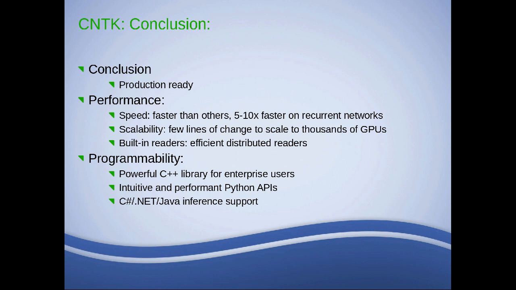1. CNTK is production ready: state-of-the-art accuracy, efficient, and scales to multi-GPU or multi-server. 2. Automatic differentiation, deferred computation, optimized execution and memory use. 3. Powerful description language, composability. 4.